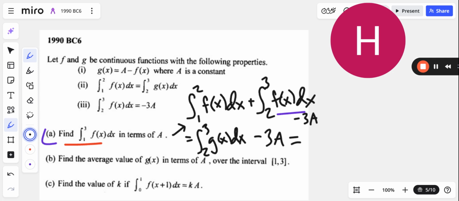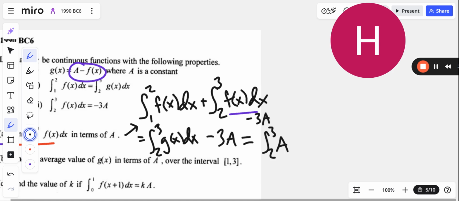Well, since g of x is equal to a minus f of x, really what we're doing here is saying the integral from 2 to 3 of a dx minus the integral from 2 to 3 of f of x.